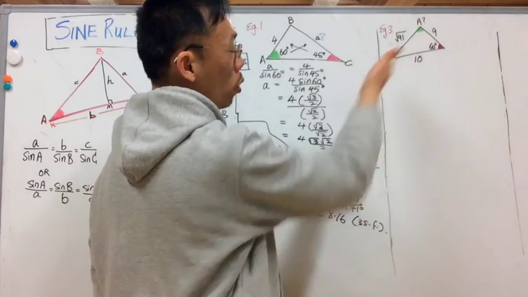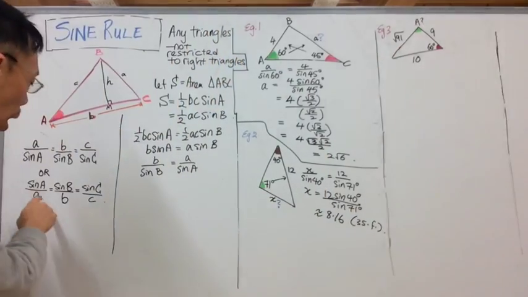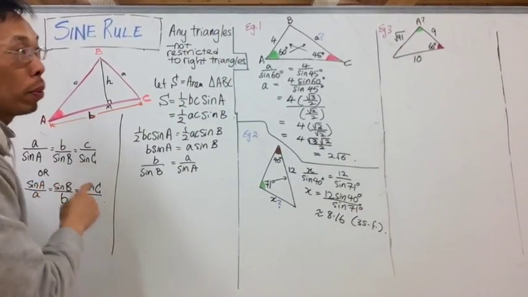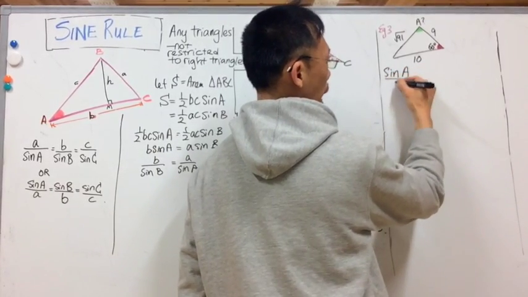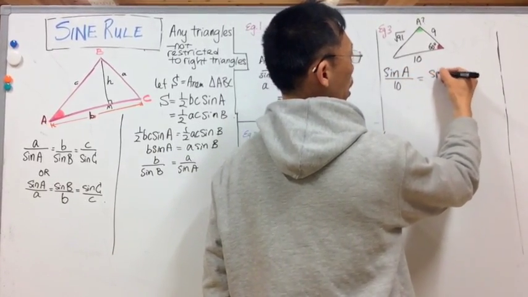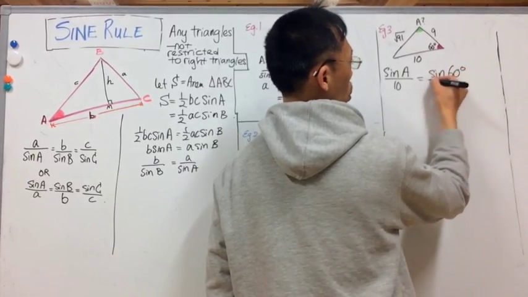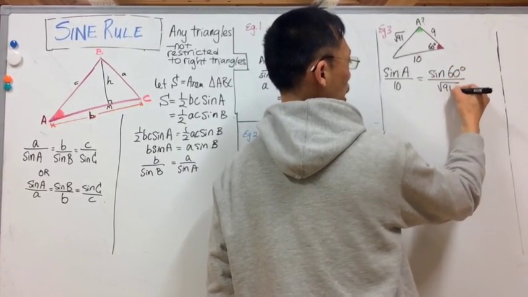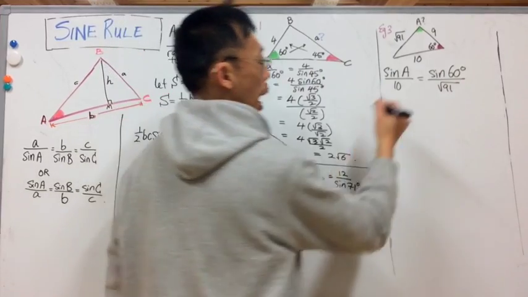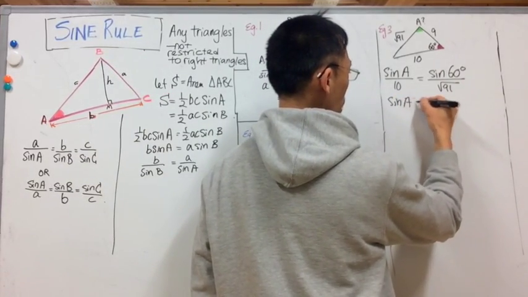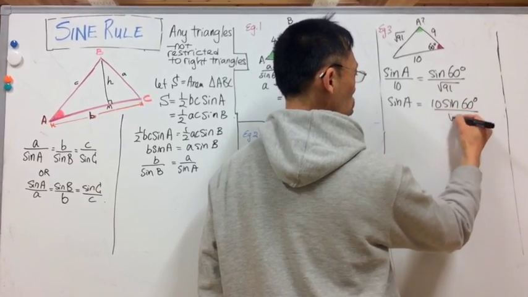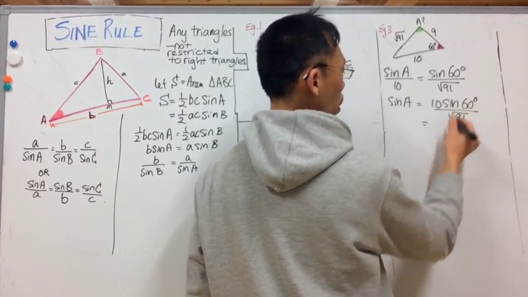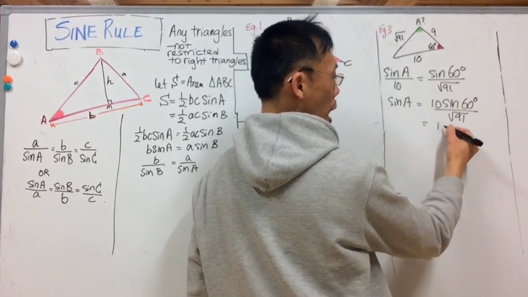So to look for an unknown angle, I'll have the angle on top. So use sine A over 10 equal to sine 60 degrees over square root of 91, for example. And sine A will be equal to 10 sine 60 degrees over square root of 91.